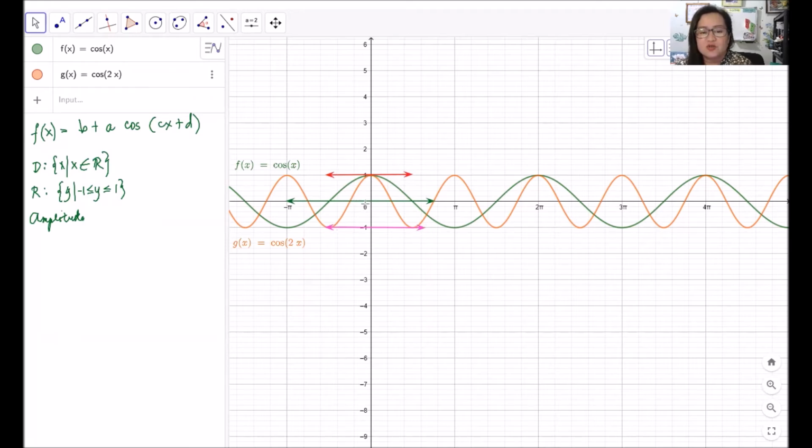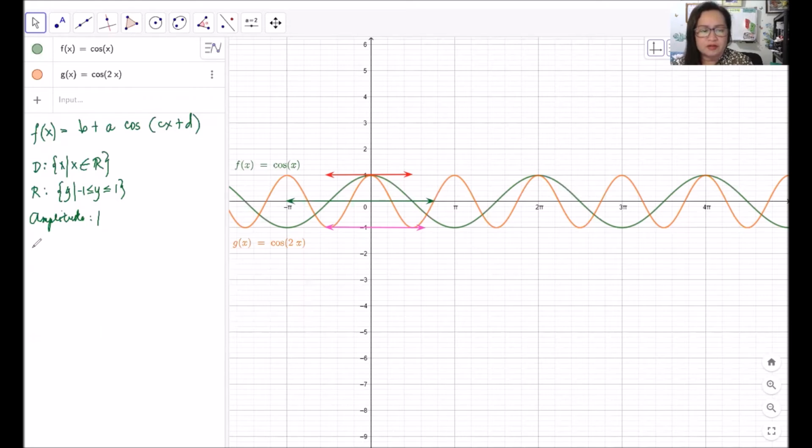Now, counting the units of the highest value, the line containing the highest value, we will have 1 unit, same as the distance of the midline from the line containing the lowest value, or the minimum value. Okay, algebraically, we can get the same answer, which is 1. The amplitude of the given functions are both 1.